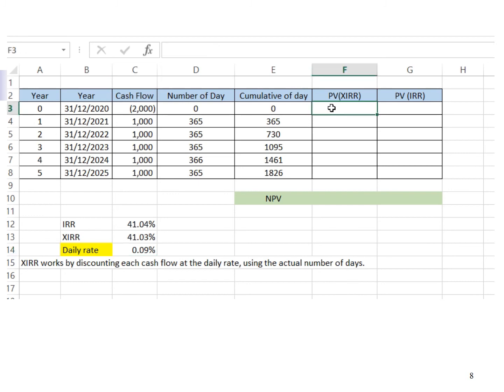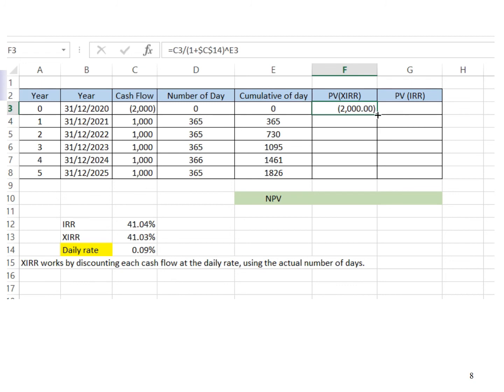Here, I type equal, point the cash flow, divide by, open bracket, 1 plus daily rate, close bracket, power by number of cumulative days. I'm going to fix the reference cell for daily rate, so I press F4, enter, and this is the present value of the cash flow.